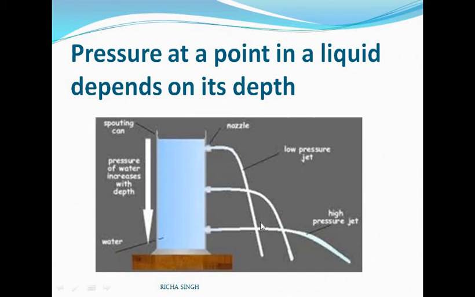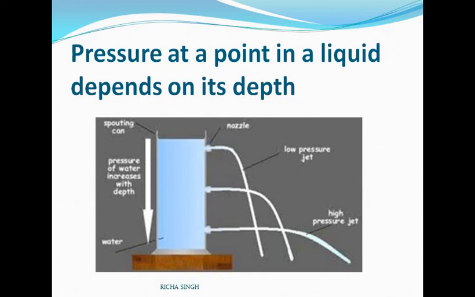From here the distance is more, the water is going to a greater distance. From the middle hole it is less, but greater than the top one. And from the top hole, which is at the greatest height, the distance covered by the water coming out is less.